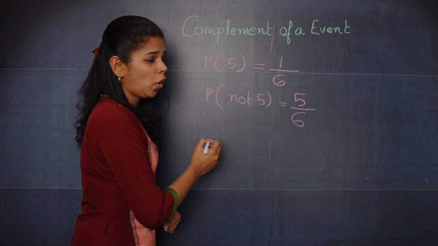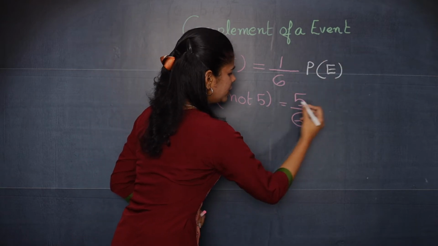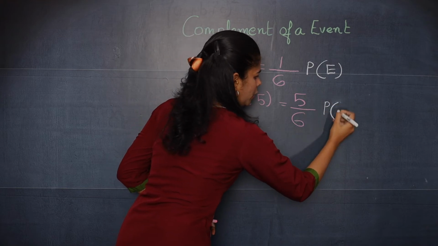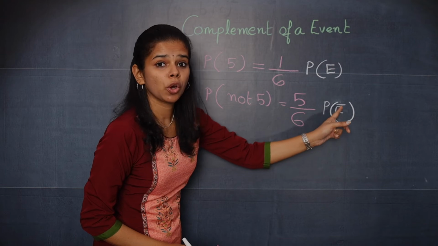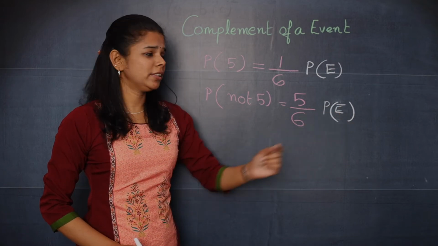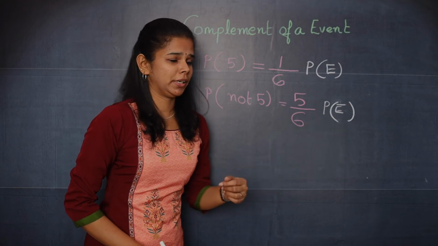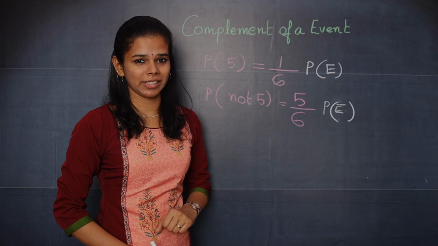Let us denote this event as P of E and this event as P of E dash, E complement or E bar. You will always read it as E complement, because these two events are complementary events.